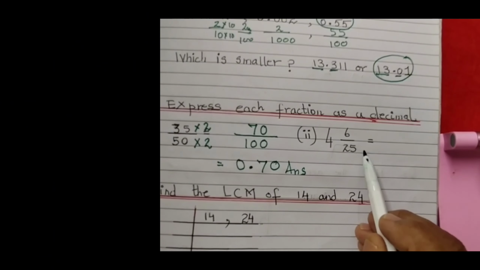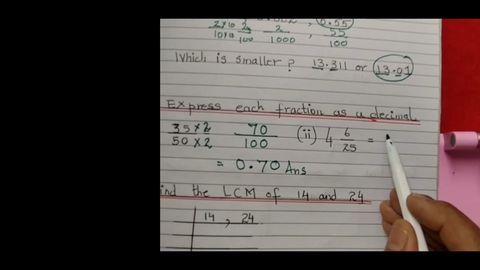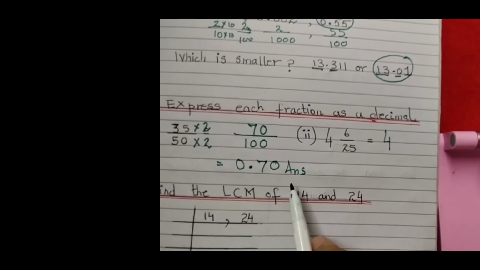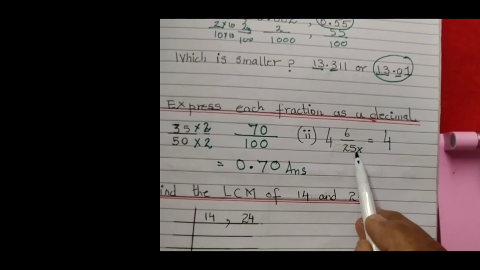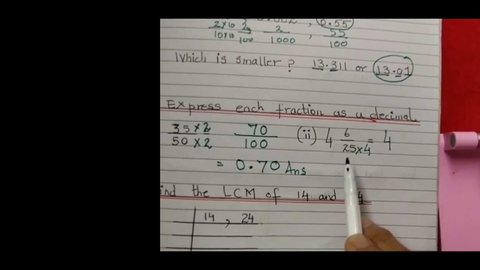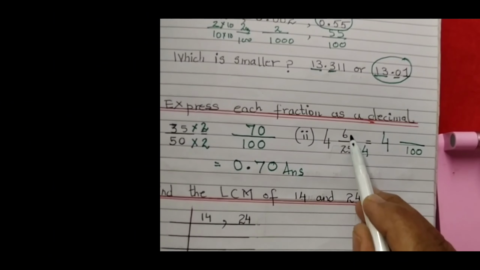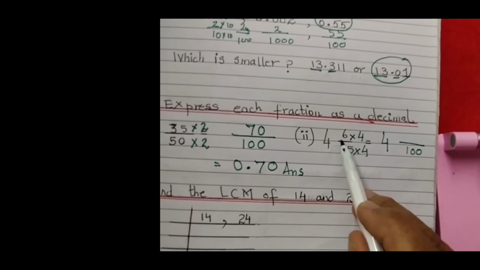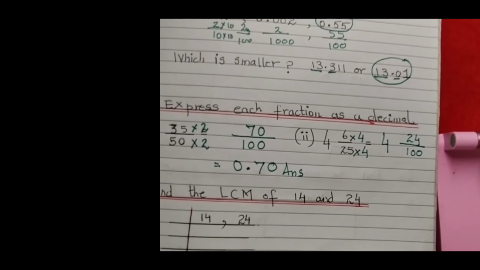Okay, so anyways, let's move on. 4 is there, so I'm going to write down 4 here as my whole number, and I will change 25 into 100 by multiplying 25 by 4. 25 fours are 100, and the same 4 goes up. 6 fours are 24. 4 whole 24 upon 100.